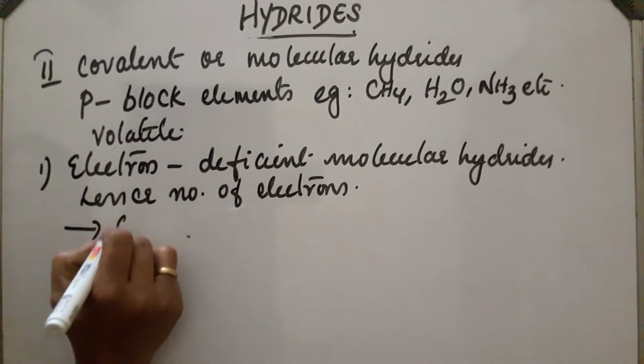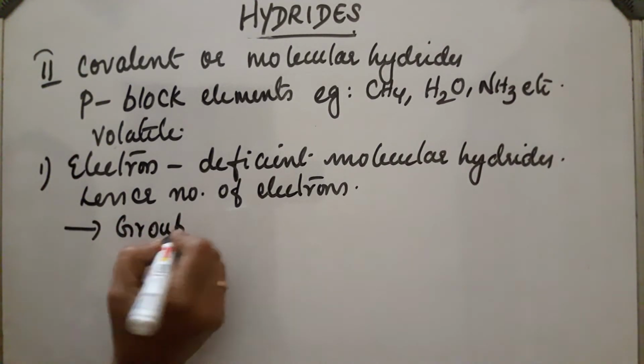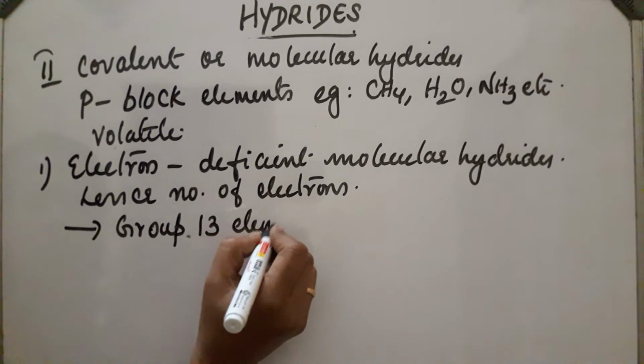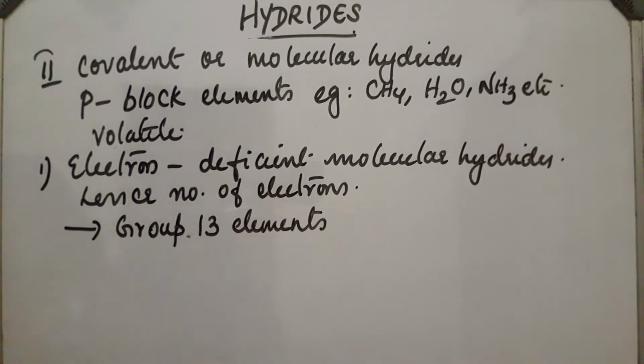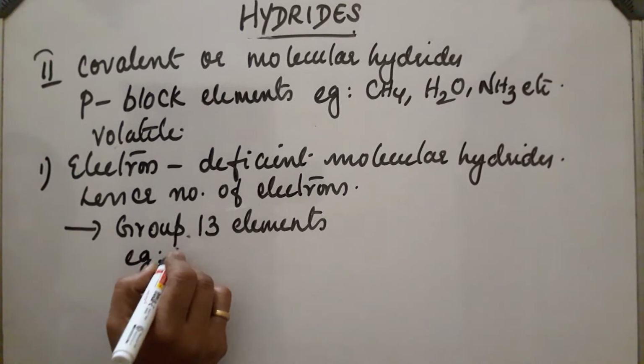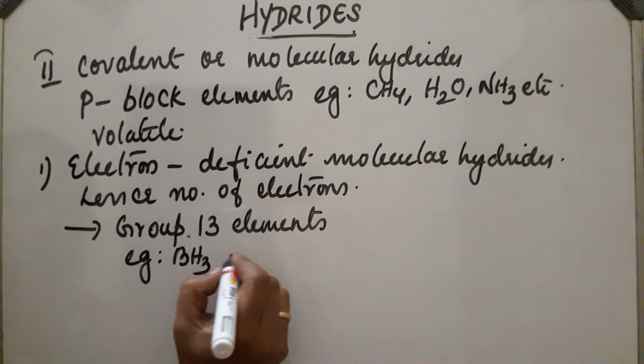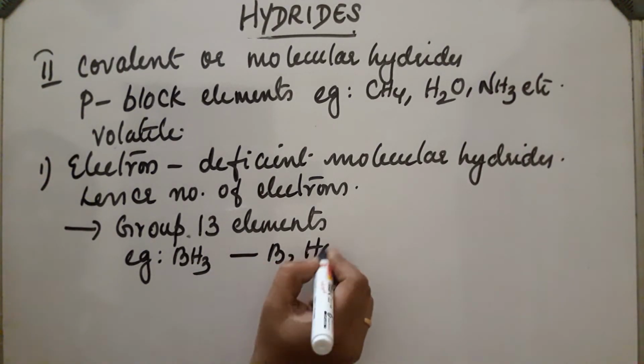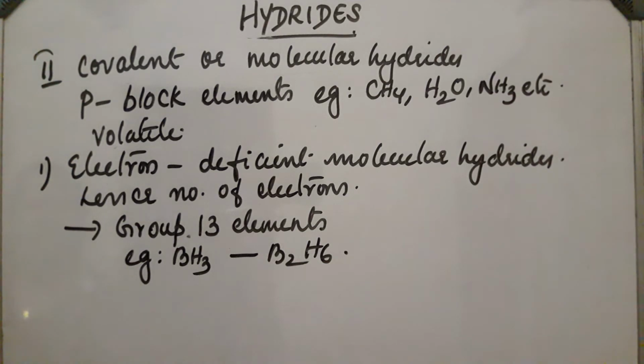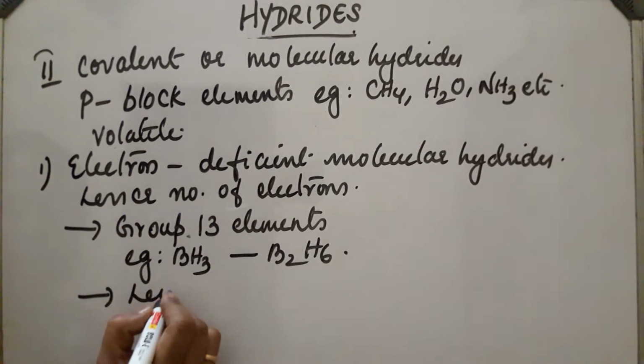These are formed from group 13 elements. For example, in the case of BH3, this is electron deficient, so it polymerizes and forms B2H6. Since these are electron deficient, they can accept electrons, so they act as Lewis acids.